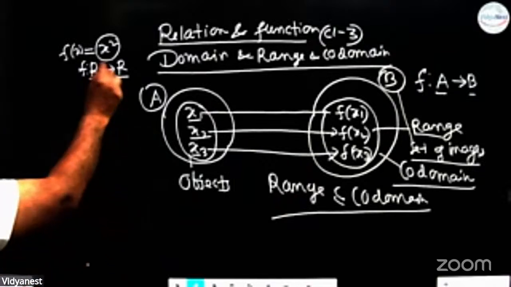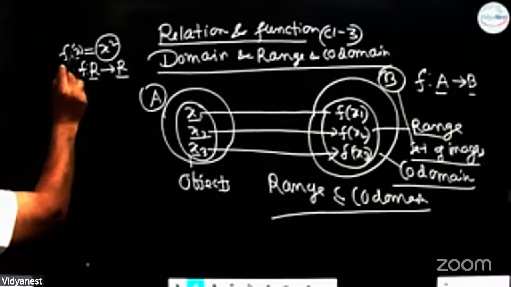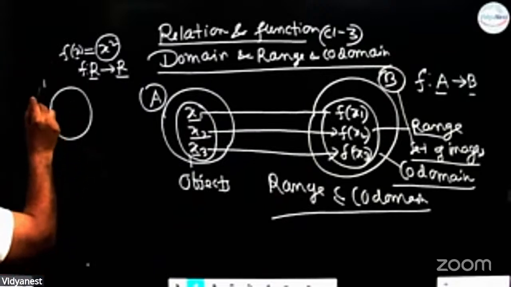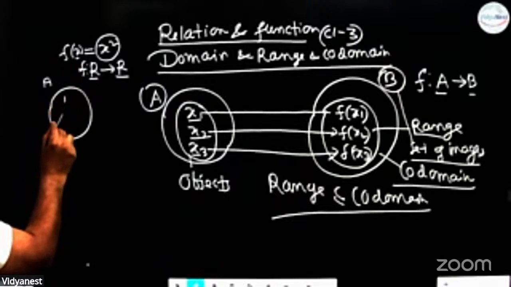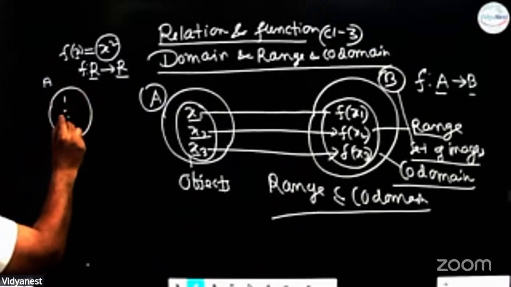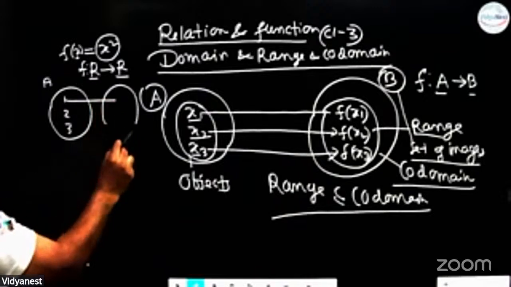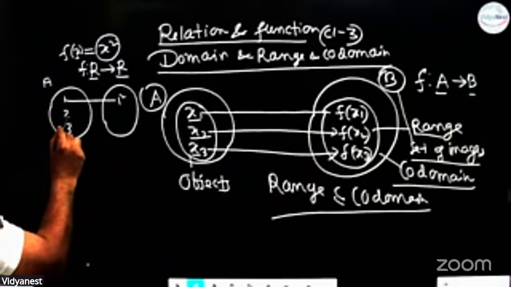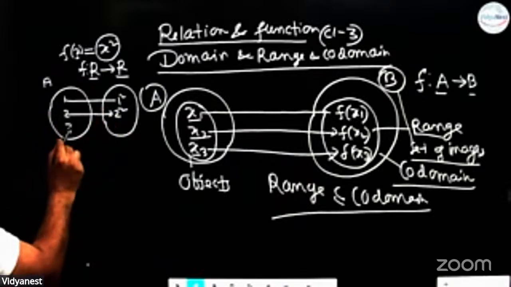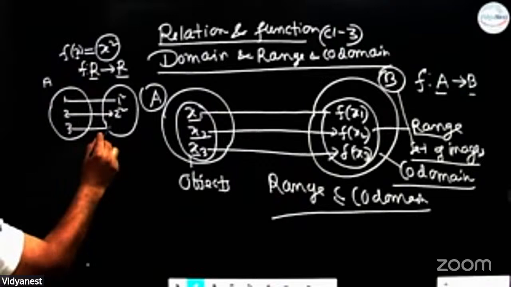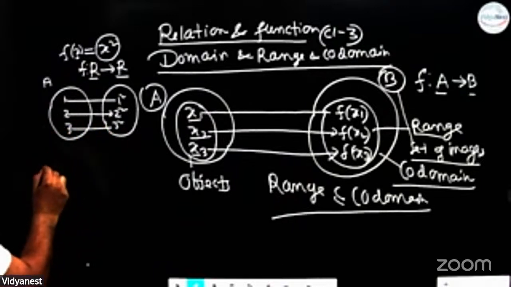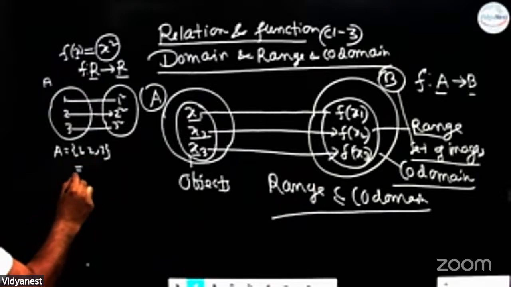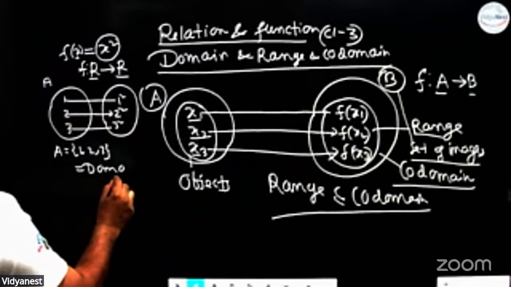So you choose 3 real numbers in set A, say 1, 2, 3. If I put 1, I will get 1 square. Against 2, I will get 2 square. Against 3, I will get 3 square. So this set A, 1, 2, 3, that is the domain.